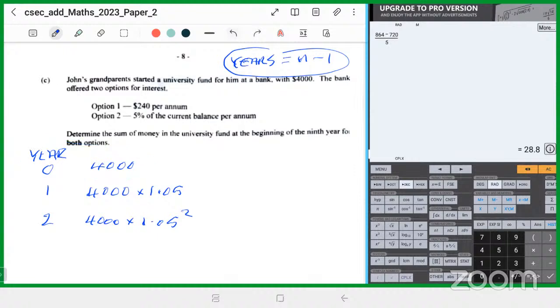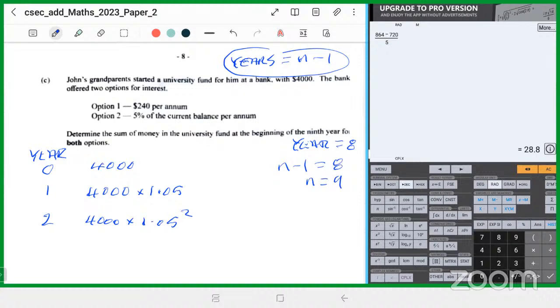All right. So see here now: determine the amount of money in the university fund at the beginning of the 9th year. Now, the beginning of the 9th year means only 8 years have passed. You haven't done the 9th year yet. So the years equal 8. If the years equal 8, then n minus 1 equals 8, so n equals 9.